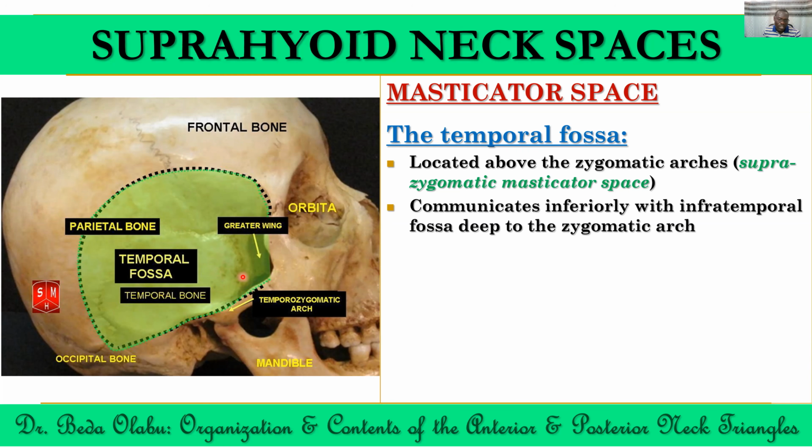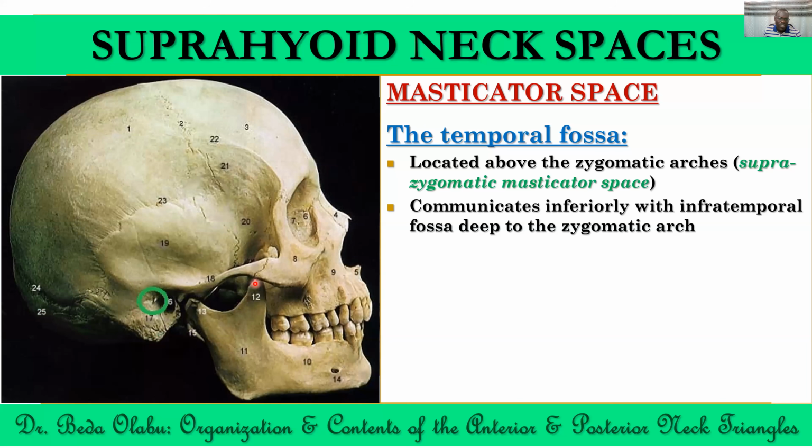This compartment communicates freely with the infratemporal fossa, medial to the zygomatic arch. Usually, there's a free communication. Actually, the temporalis muscle also passes through that gap. This image shows you the temporal fossa, and we can even understand the osseous floor of the temporal fossa.